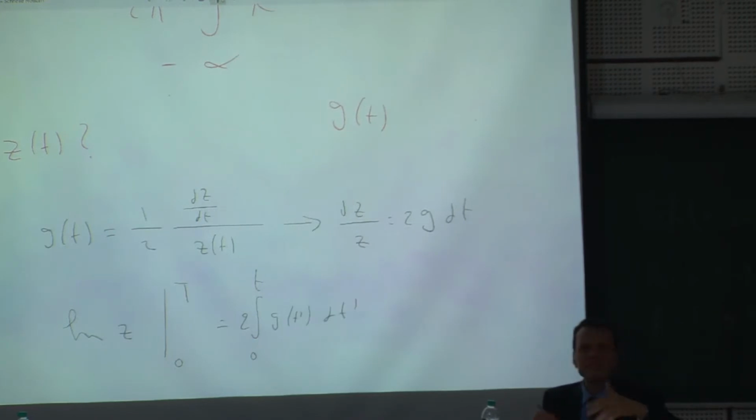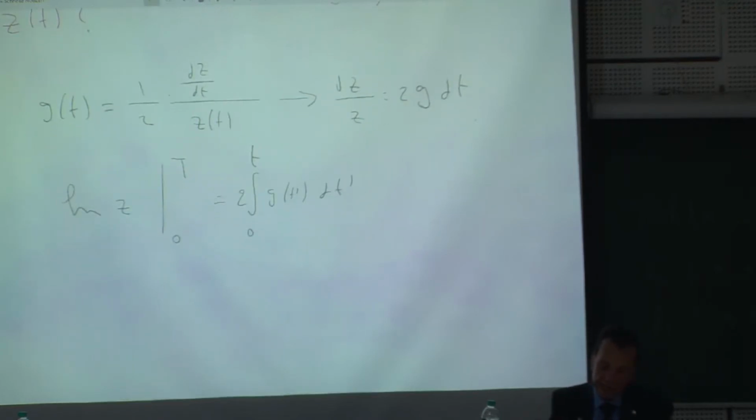I think this mathematics is clear for you, or do you need explanation? It is a simple solution of a differential equation. So this means we may write down z of t is z of 0 e to the plus twice the integral from 0 to t of g of t dash dt dash.